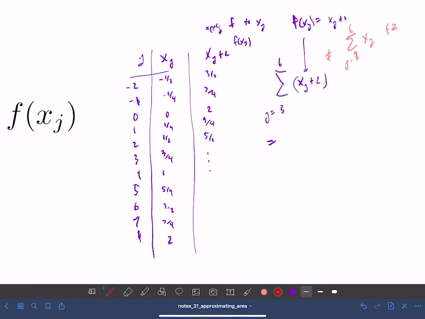I am summing up the ones from 3 to 5. I guess I better fill in those dots for those ones. I'll write them in red. 11/4, 3, 13/4. So this sum here, I'm summing up these 3 things, which came from these x values, which came from these indices. And so that would be 11/4 plus 3 plus 13/4, which would be equal to 24/4 plus 3, which is equal to 9.